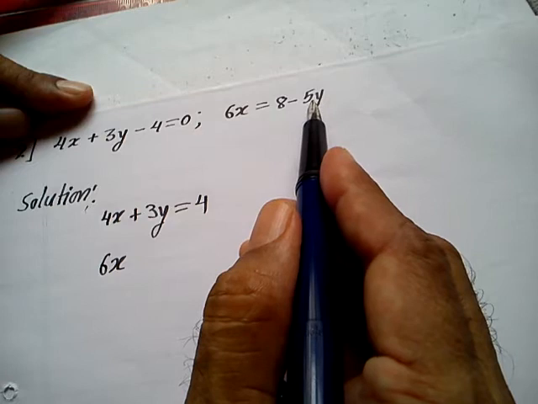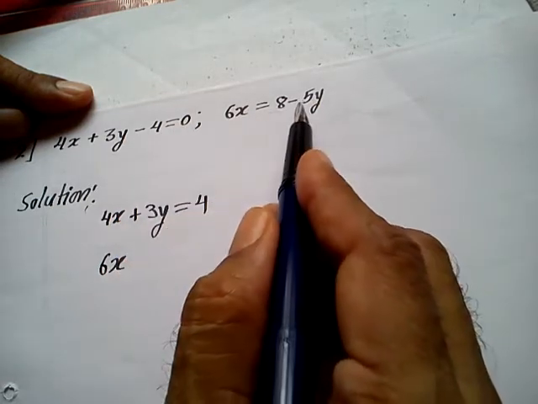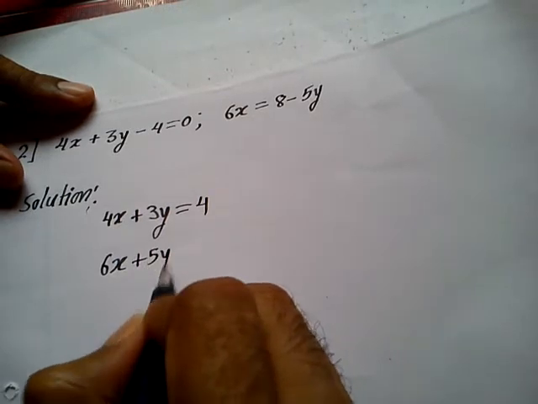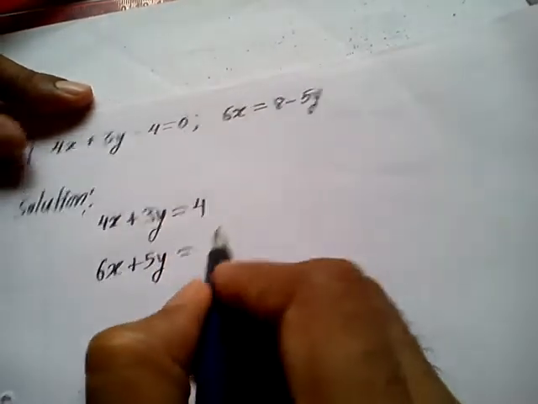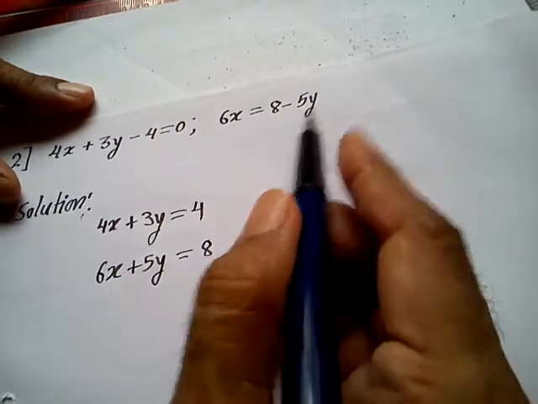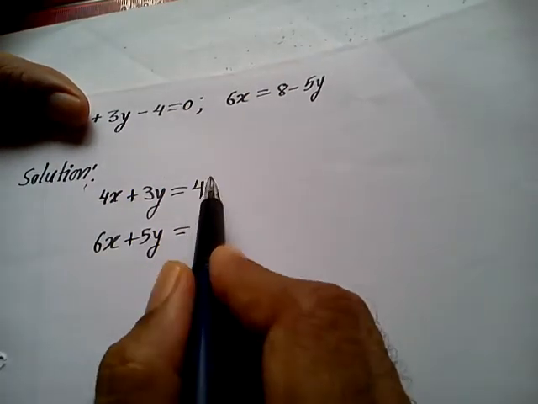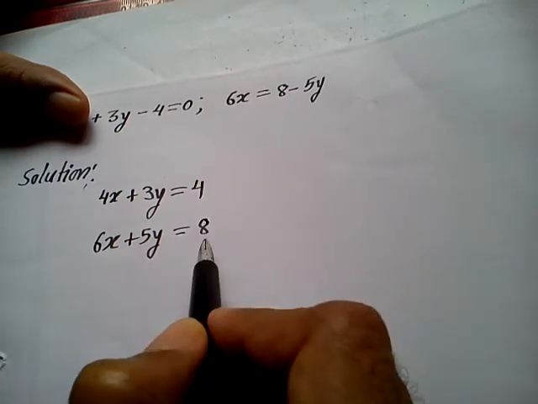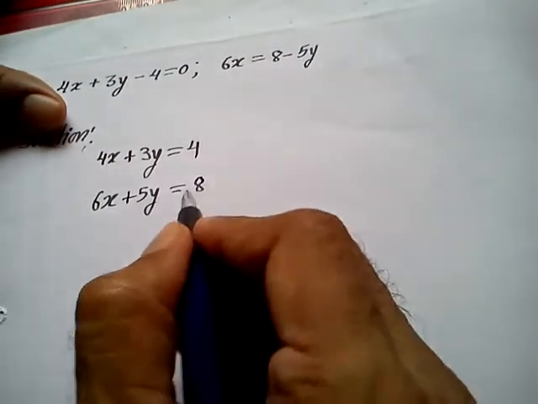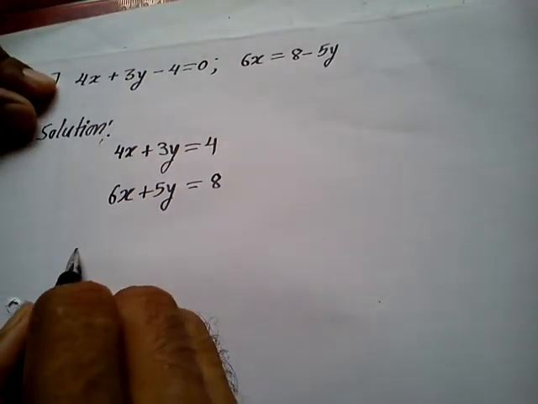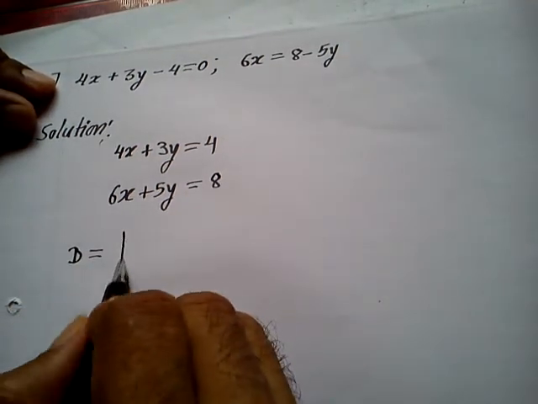Now we have 5y on the right side, so on the left hand side it becomes plus 5y is equal to 8. 8 is on the right hand side. We want constant terms always on the right hand side. This is the first step.